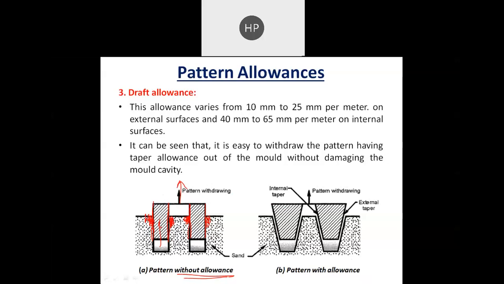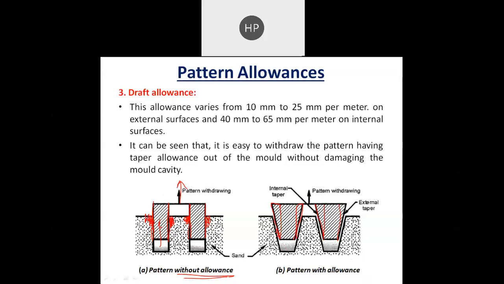You can see this is the exact shape we require, but for easy removal of this pattern from the sand, we have given this taper shape to the vertical face, so that as we lift it, the sand and the pattern are separated.